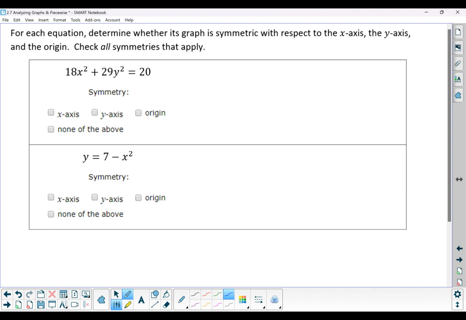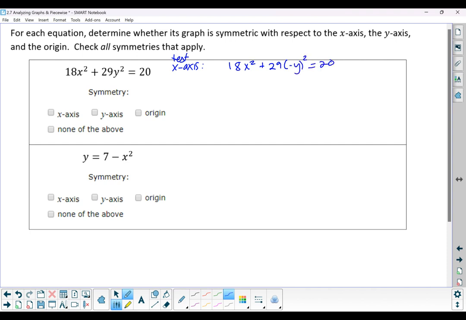So, all right, we are going to test this equation, 18x squared plus 29y squared is equal to 20. First, let's test x-axis symmetry. So if we're testing x-axis symmetry, we want to replace the y in the equation with a negative y.